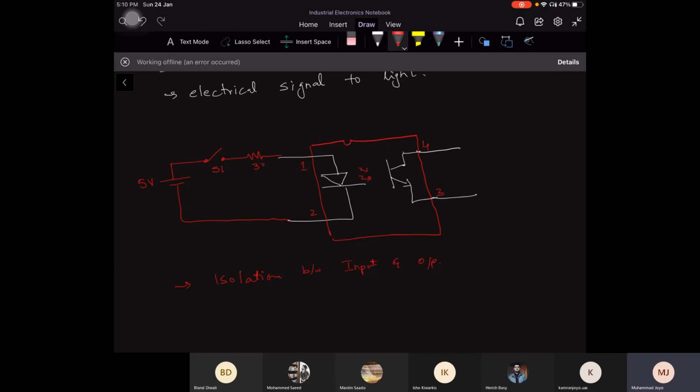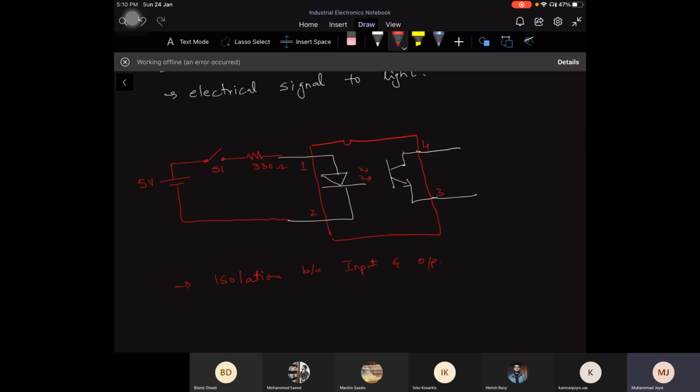At the input side, as you can see, I have attached a 5 volt power supply to a switch named S1. In order to turn on the optocoupler, or turn on the LED inside it, we need to press S1. Once I press S1, the optocoupler will be turned on.